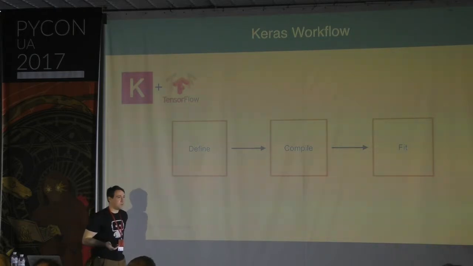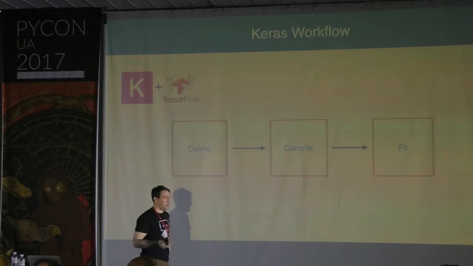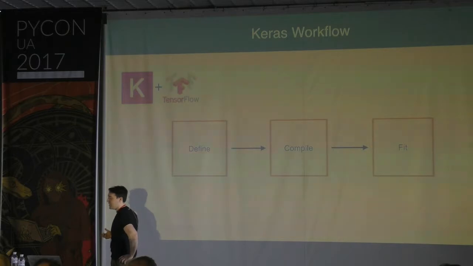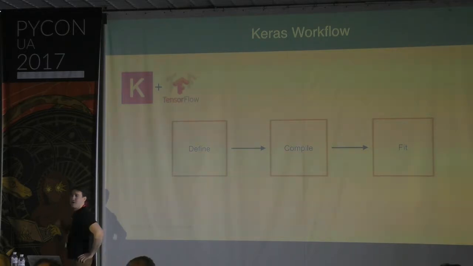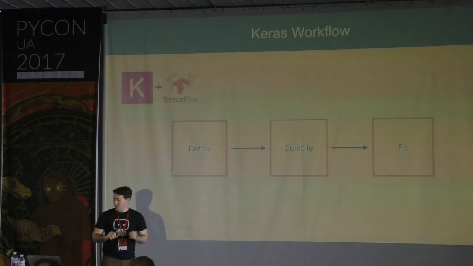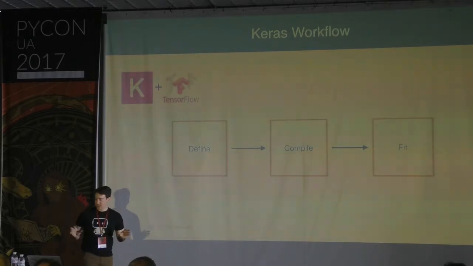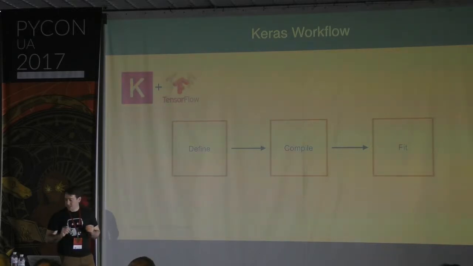And the basic Keras workflow is like this. You define your model beforehand like we did before, so you should always write down your model on paper, what you actually want it to do, before you go into trying to fit it. Right, so you define it beforehand, you then compile it, and after that you can't change it anymore. And then you could just fit that model using a certain optimization algorithm.